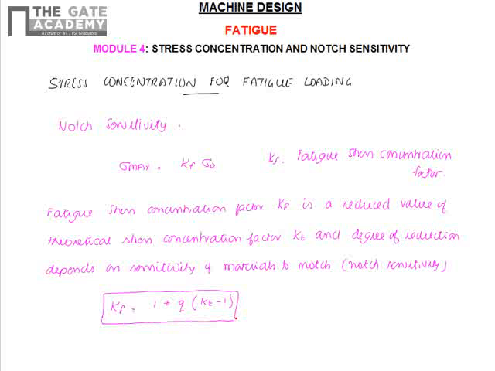So, important relation where Kt is the theoretical stress concentration factor, Kf is the fatigue stress concentration factor, and Q is the notch sensitivity of a material.